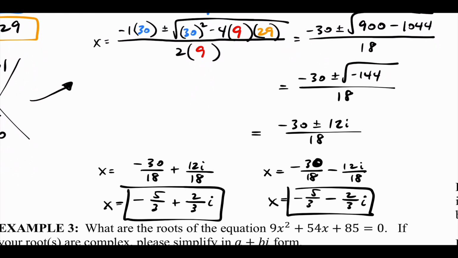Like the square root of negative 81 is positive 9i, right? Because we had a negative underneath, you have to throw in an i. If it's just regular 81, you don't need it. So anytime you have a negative, you're going to have an i. That's where the i comes from. Okay.